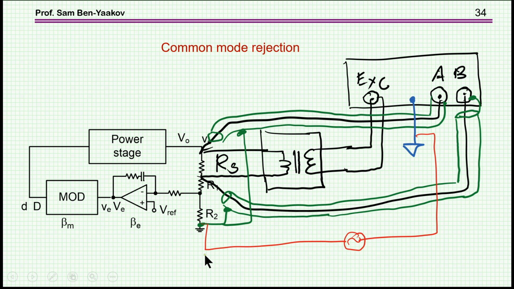Now, obviously, if you have a switch mode system here, which has its own ground, and this analyzer has its own ground, you are bound to have some common mode ground noise, some potential difference between these two grounds. So this would be a common mode error that could corrupt the measurement.